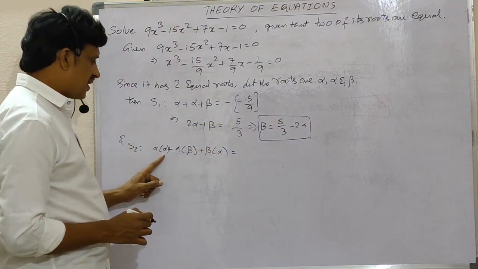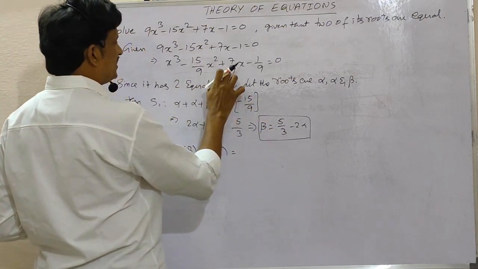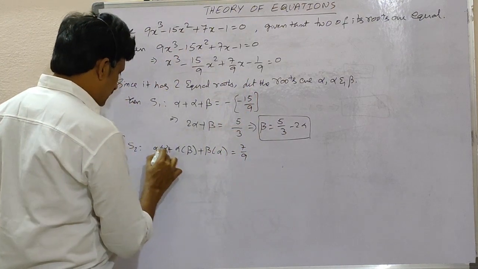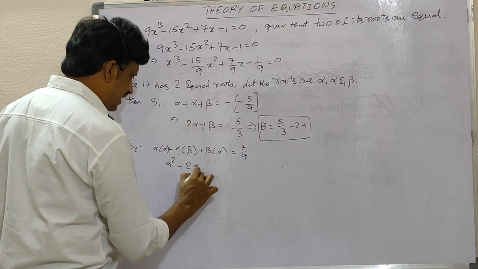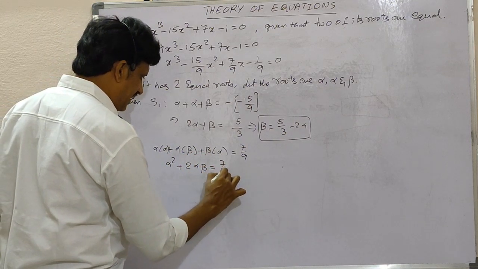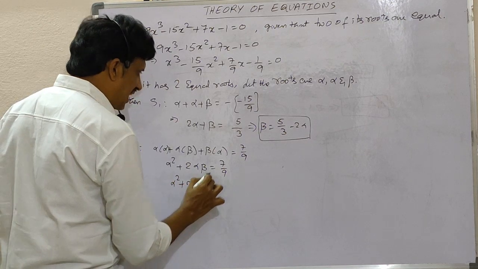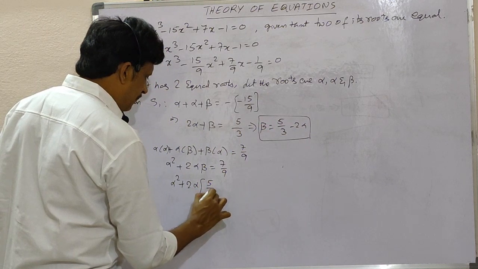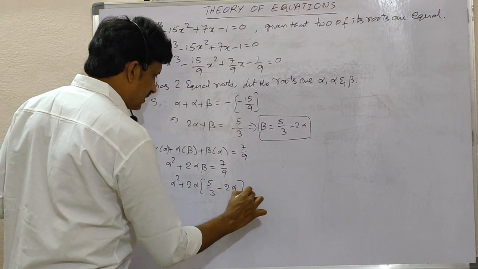So S2 is equal to P2, which is equal to 7 by 9. So this is alpha square plus alpha beta plus beta alpha, that is alpha square plus 2 alpha beta equals 7 by 9. Beta in terms of alpha is 5 by 3 minus 2 alpha.